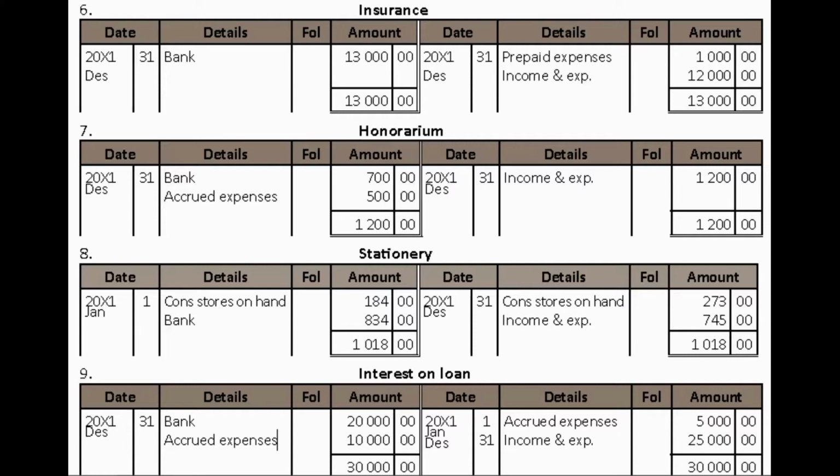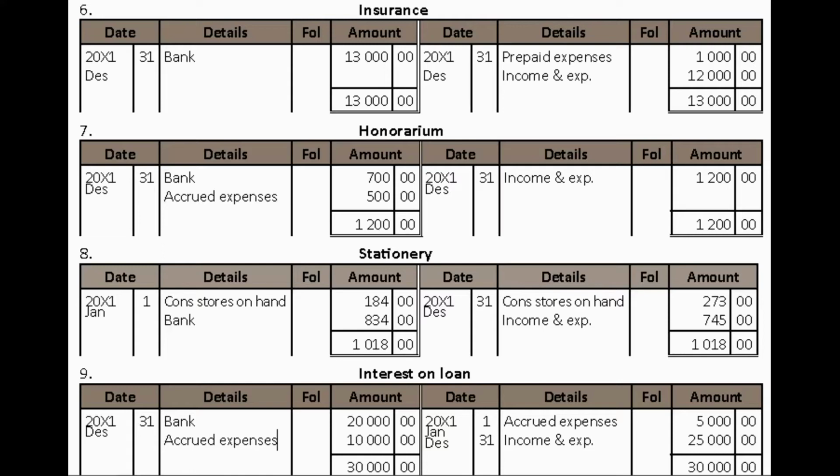Okay, and then we get to the other adjustments. Insurance paid in advance, 1,000. If you open your insurance account, you will have an entry on the debit side that you got from your receipts and payments for 13,000. You've already paid during the year 13,000. And then there was an amount paid in advance for 1,000. So on the credit side of insurance, you write expenses prepaid or prepaid expenses 1,000.